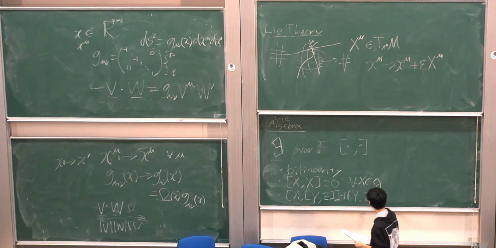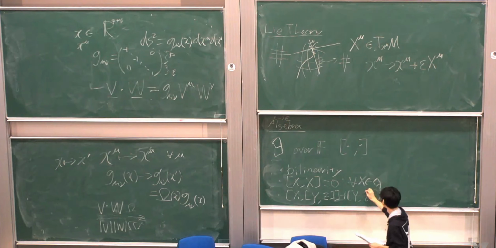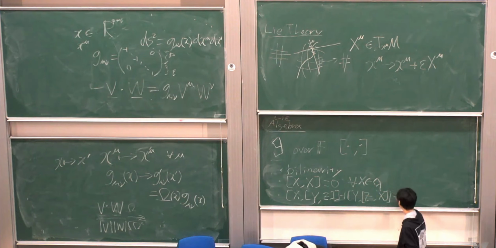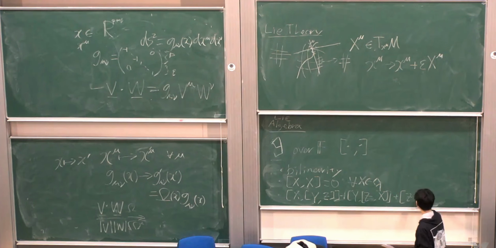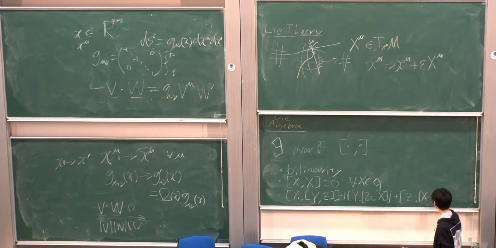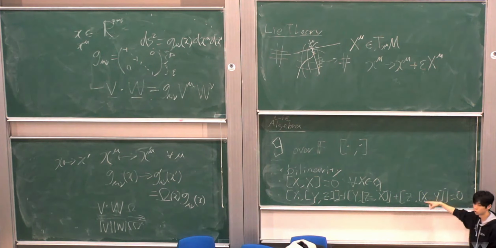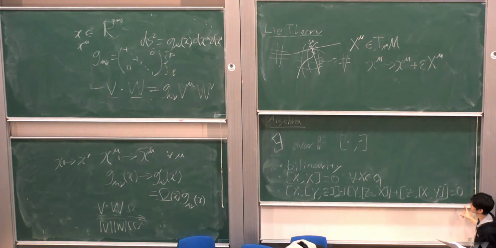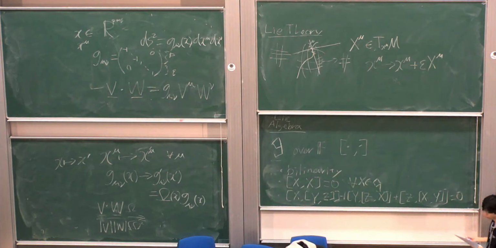[x, [y, z]] + [y, [z, x]] + [z, [x, y]] equals 0. This is just a generalization of the Leibniz formula. When you differentiate it, it'll be clear why you use it when you make a connection with the Lie group.